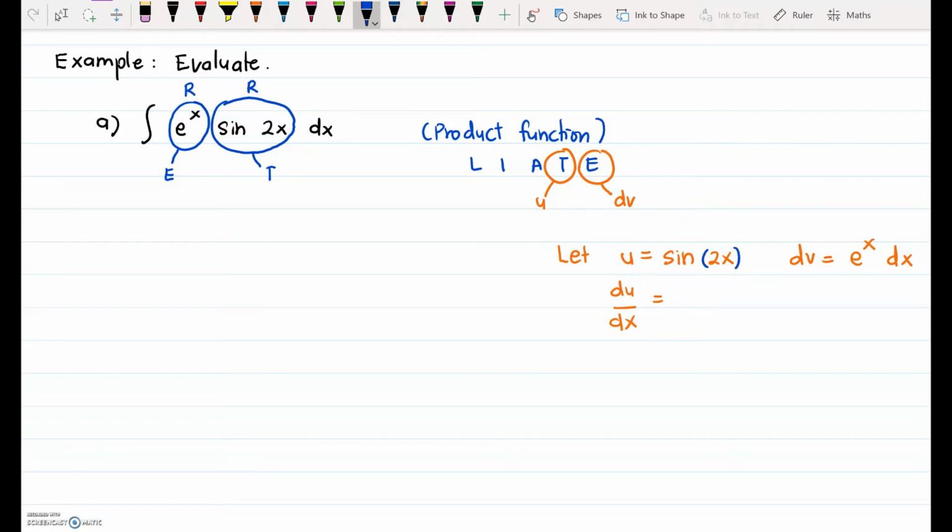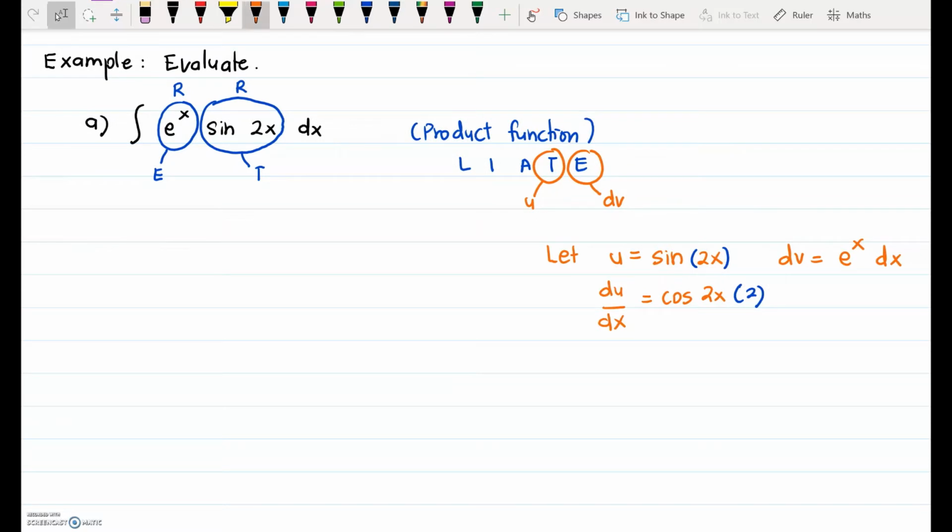When you differentiate sine, you will get cos 2x, and then you need to differentiate inside the function, the derivative of 2x, which is times 2. Now we have du equals 2 cos 2x dx.